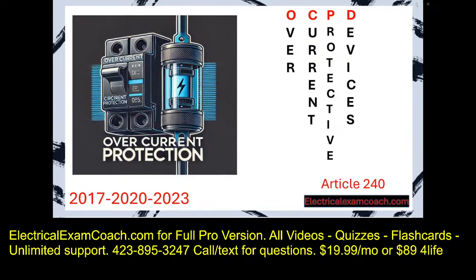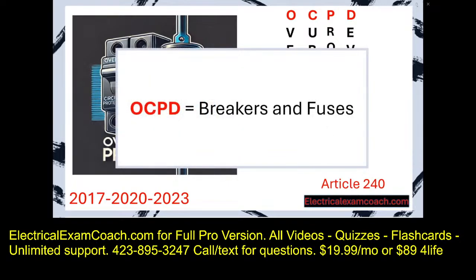To simplify it even further, anytime you see OCPD, it just means breakers and fuses. Whether it's the individual breaker at a branch circuit, 20 amp, or a 100 amp feeder breaker, or our main 200 amp disconnect, it's either going to be a breaker or fuse, and they're all OCPD.